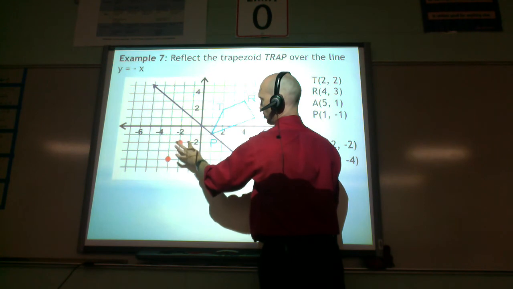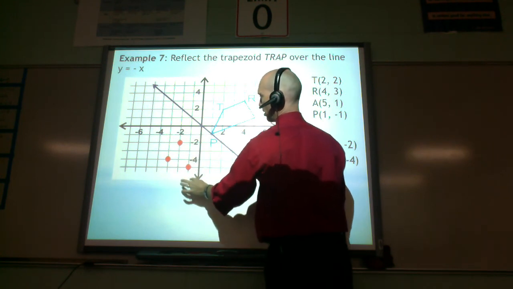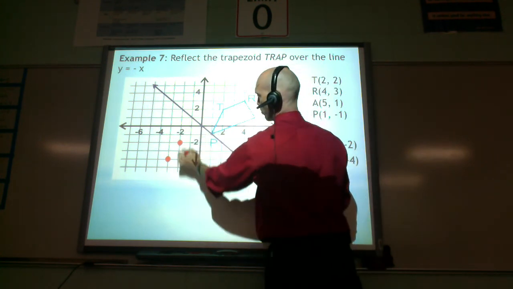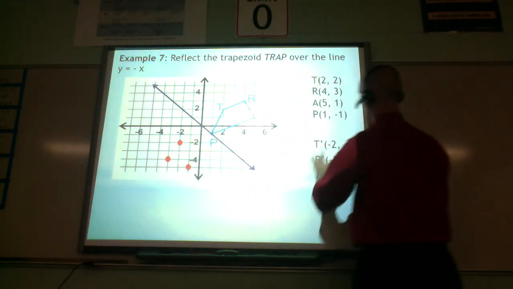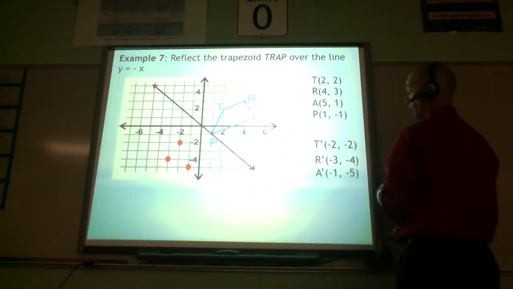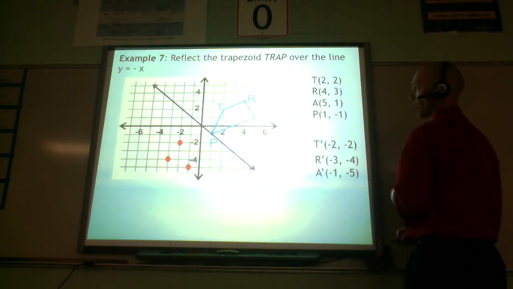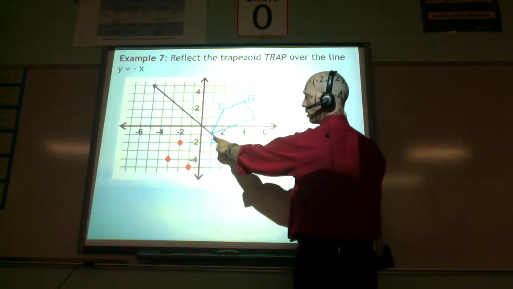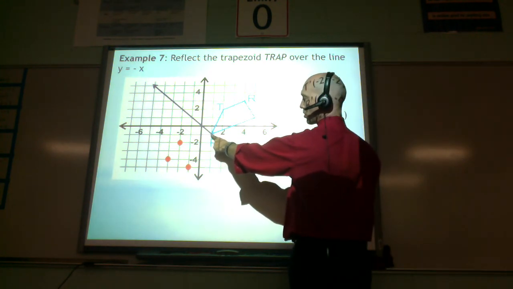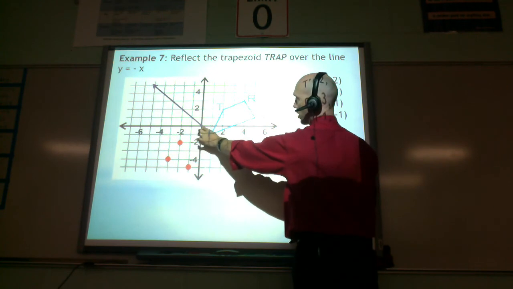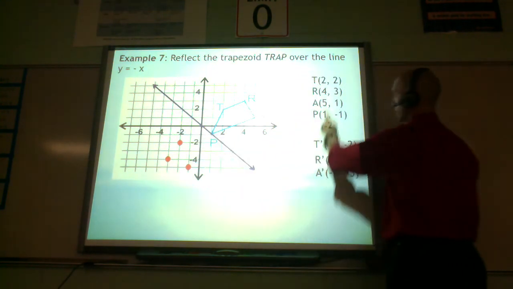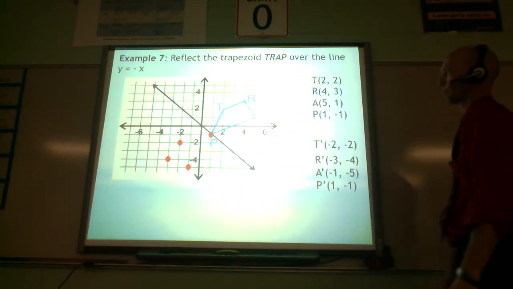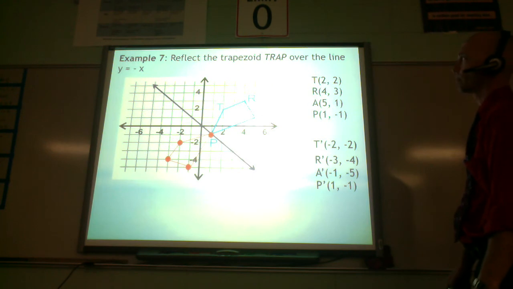Right there. That's ordered pair of negative 1, comma negative 5. Flip them and change the signs. Now remember, P is different though. That's on the line of reflection, so that stays by itself, doesn't change. That remains at 1, comma negative 1. Okay. And then connect my dots. There it is.